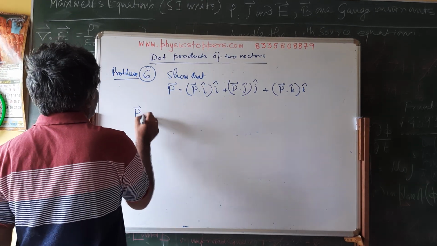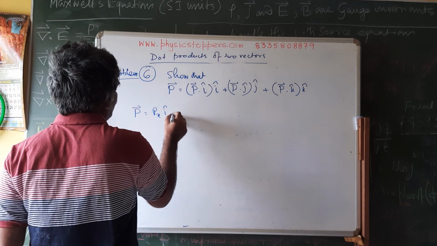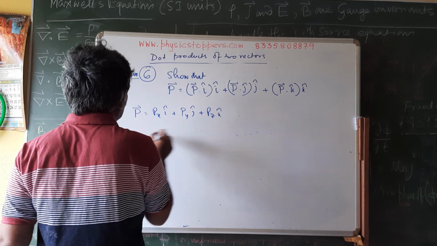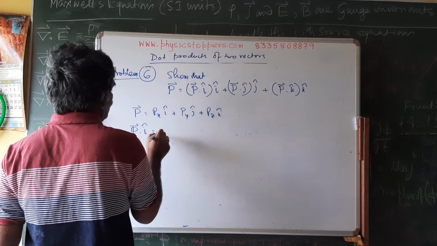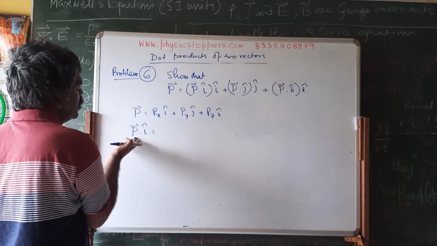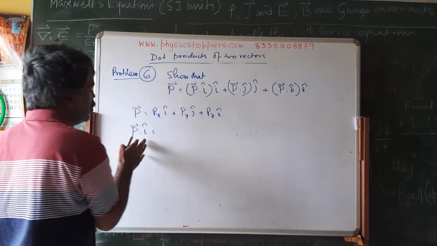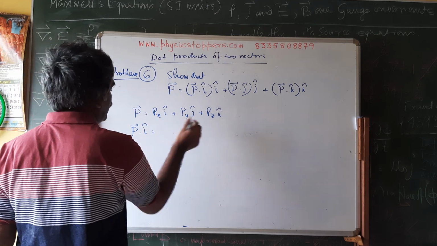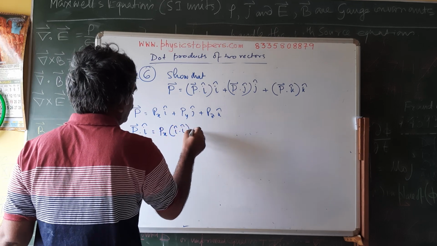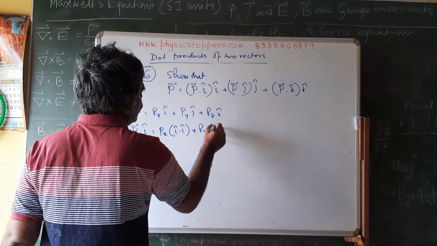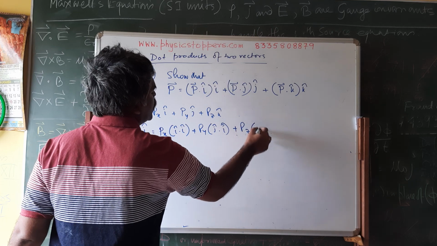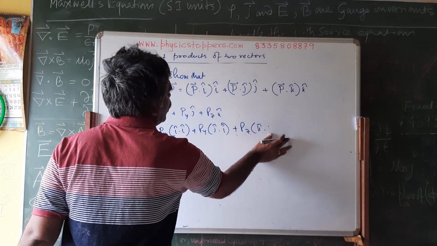See, if P vector is equal to Px i cap plus Py j cap plus Pz k cap, what is P vector dot i cap? If you take i dot with this P vector, what you get is the projection of P along x. Mathematically, that is Px times i dot i plus Py times j dot i plus Pz times k dot i.